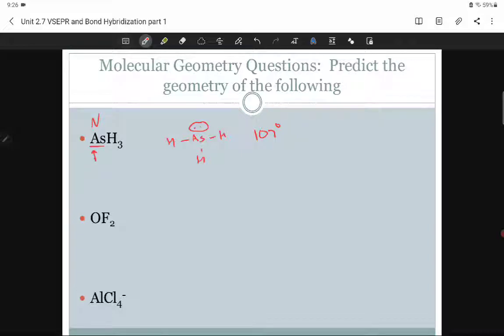Let's do one more. OF2. Well, F is going to have the same, I know it's not in the same column as hydrogen, but remember that hydrogen kind of sort of goes in column 1, but it also sort of goes in column 7. So it's actually going to have the exact same look as water.